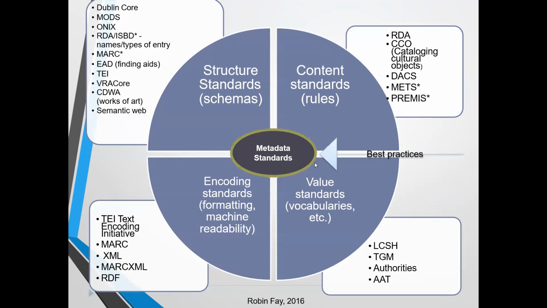The structure standard, which is what we're going to be looking at today, is really the schema, and that's the structure of the data. So how those two things fit together: we have a file format, and the file format itself has some information about its type, so the computer can understand how to read that particular file.